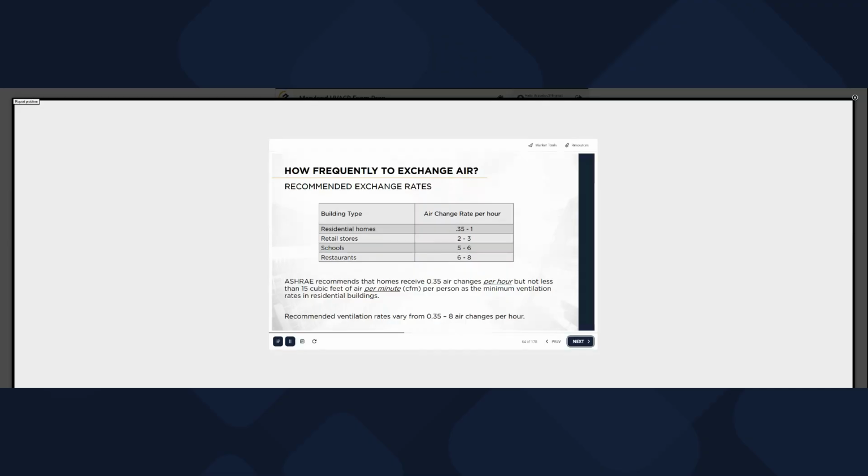The American Society of Heating, Refrigerating, and Air Conditioning Engineers recommends that homes receive 0.35 air changes per hour, but not less than 15 cubic feet of air per minute, CFM, per person, as the minimum ventilation rate in residential buildings. As you can see from the table, recommended ventilation rates vary from 0.35 to 8 air changes per hour.